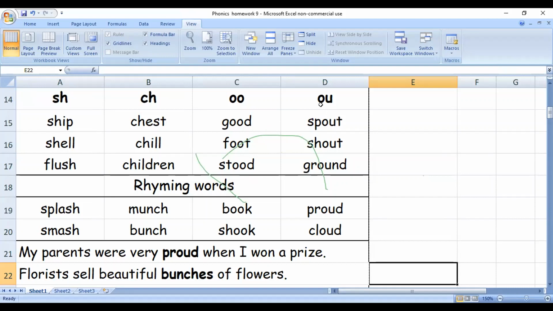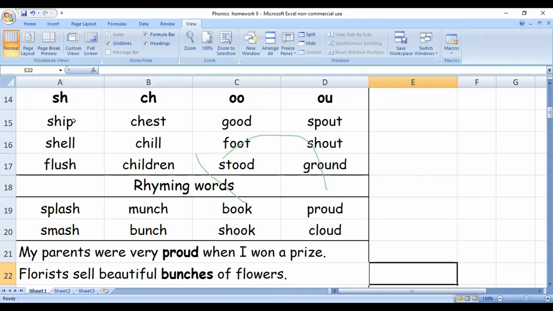Now this one is ou: out, spout, out, ground. Somebody can unmute and read the line.